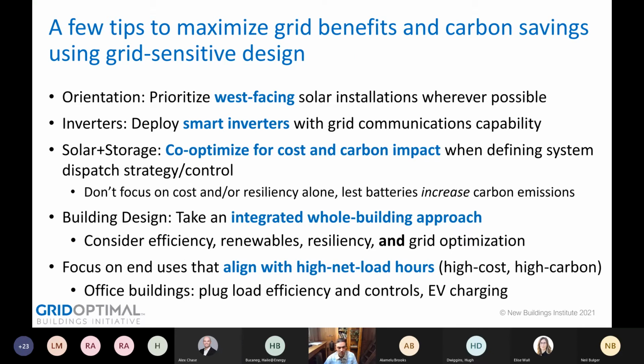And then finally, I mentioned plugs as an example in office buildings, but trying to find end uses whose schedules or whose intensity over time, over hours of the day, aligns well with high net load hours. And those are typically high cost, high carbon hours on the grid.